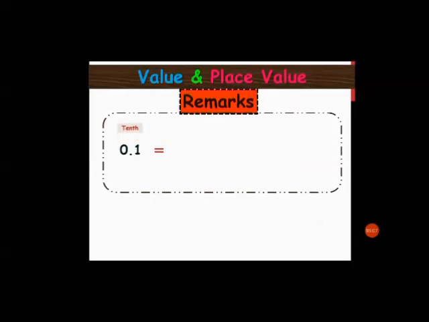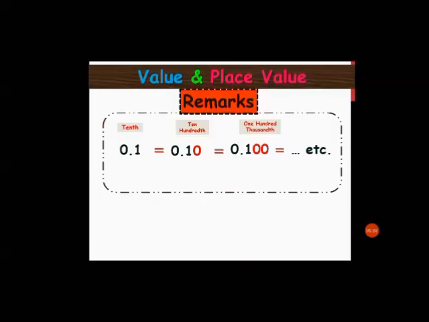An important remark tells you that the tenth or 0.1 equals the 10 hundredth or 0.10 equals the 100 thousandth or 0.100. What does this mean? It means that the zeros to the right of the decimal do not affect the value of the number, exactly like the zeros to the left of the whole numbers.